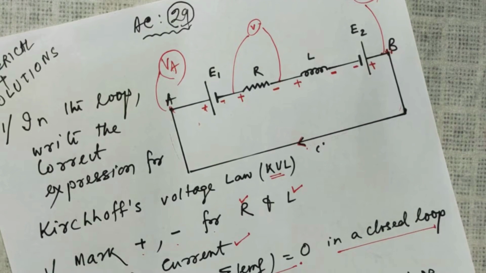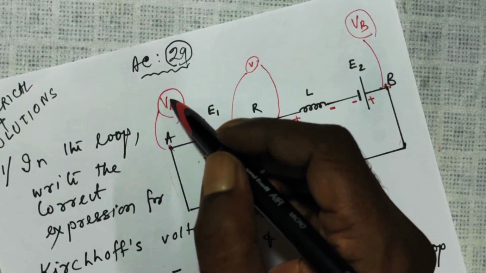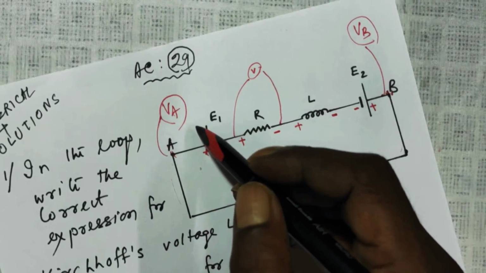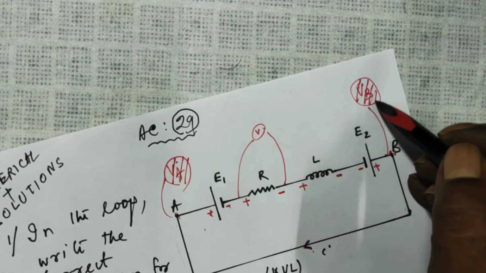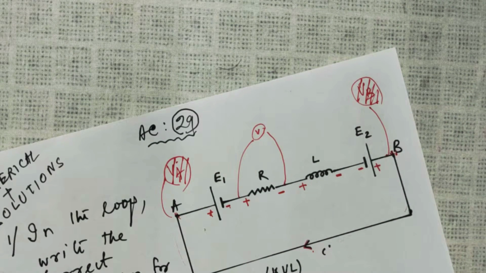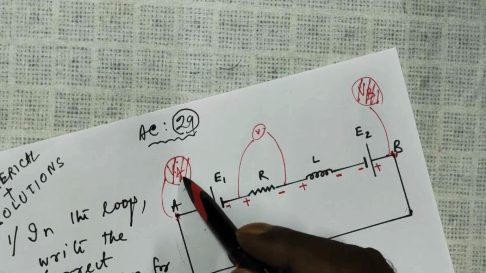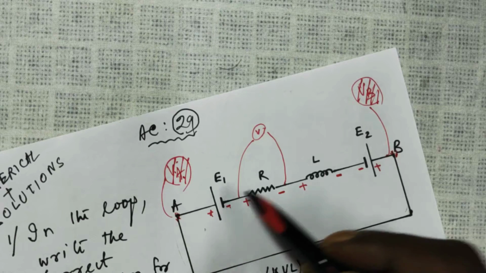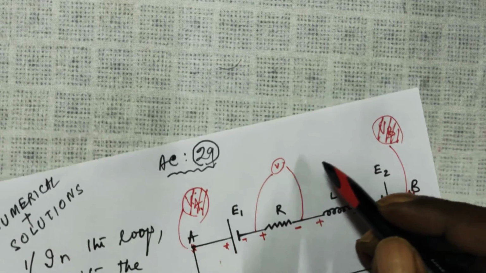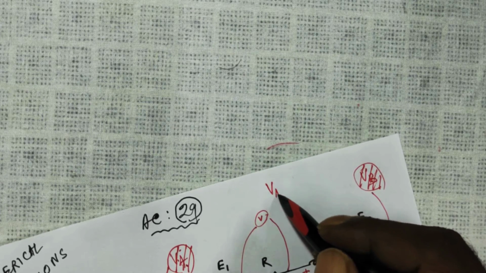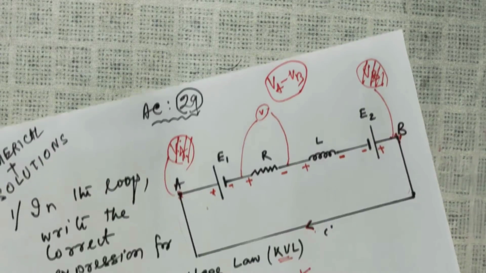Going from positive to negative, here, let us not take it, because we are not going to find out VA minus VB, so just keep it like that. Don't consider it now. In case we are to find out VA minus VB, then use a symbol VA for the potential at A and a symbol VB for the potential at B, if you are required to find VA minus VB or VB minus VA.